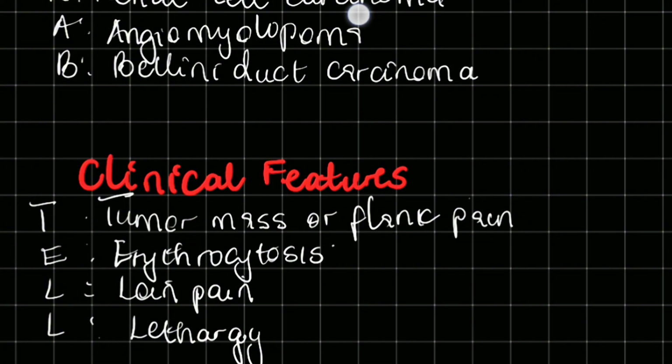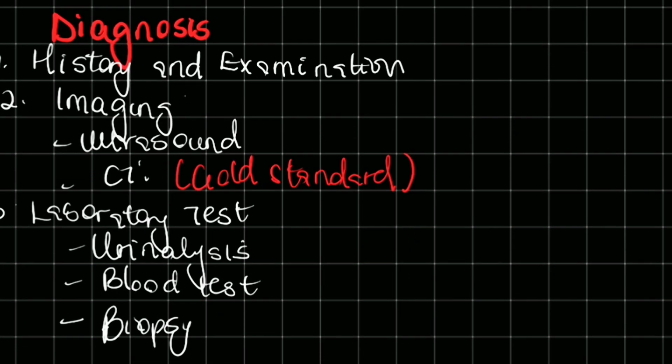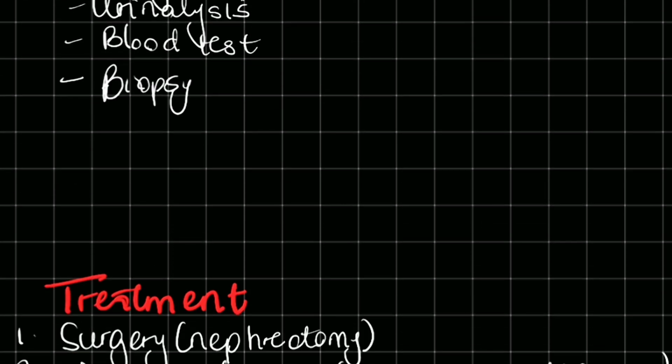Imaging reveals a solid mass in RCC, while in urothelial carcinoma it shows a filling defect in the urothelium. Solid mass versus filling defect.